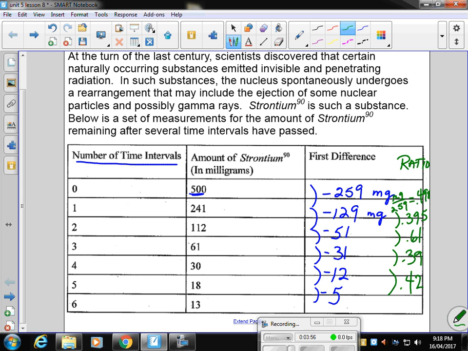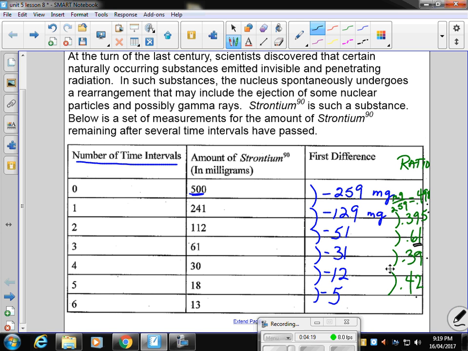So true to real life, it's not the same number each time, but it is certainly a little smaller than half each time, except for that 0.61. That one's a little bit odd. These two are very similar, the 0.395 and the 0.39. 0.42 and 0.49, a little bit different.